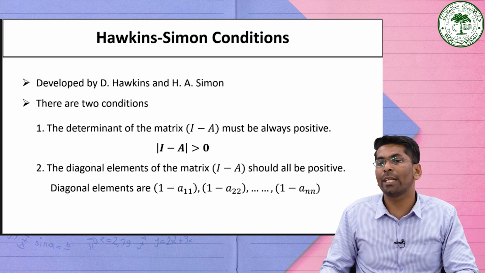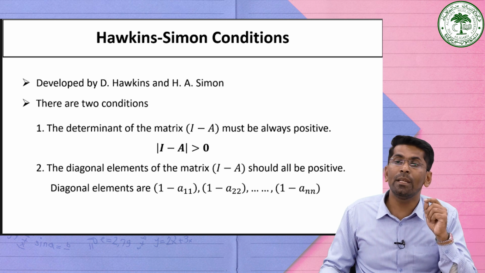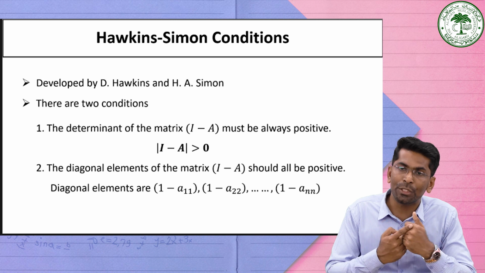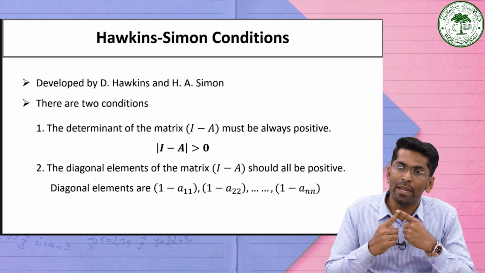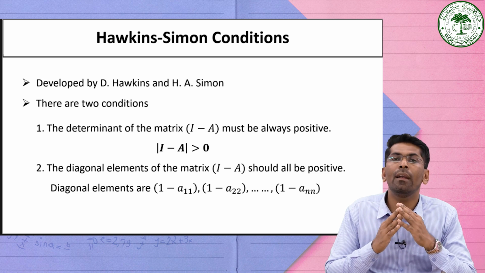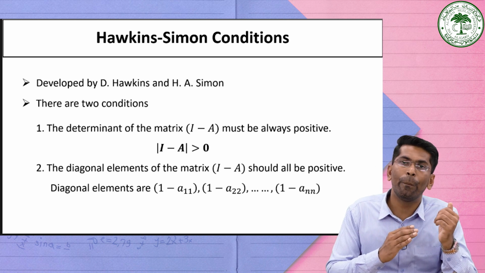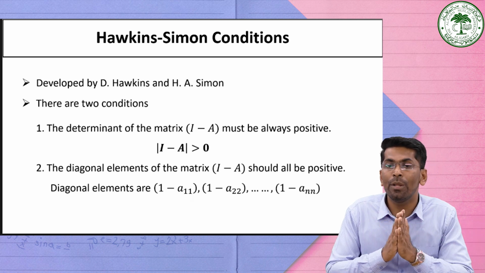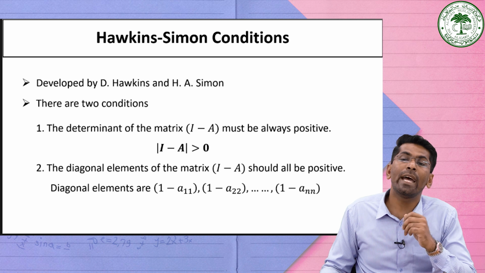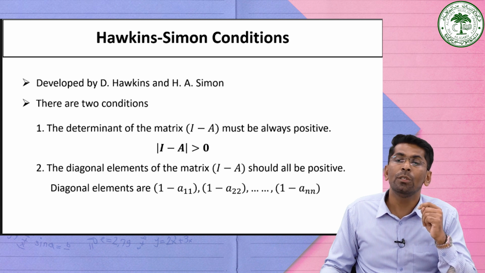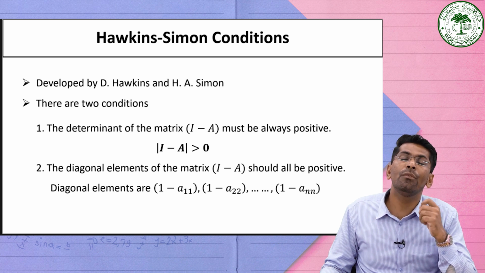This condition ensures that each sector produces more than its needs for its own production, indicating there will be a net surplus in the output. If any diagonal element is 0 or negative, then the sector cannot produce enough output to satisfy even its own input requirements and those of the other sectors, which would be economically infeasible.